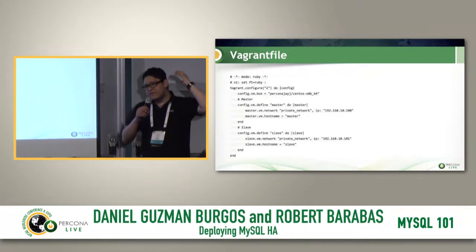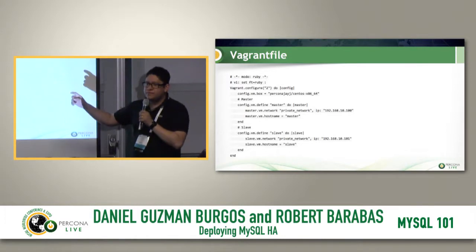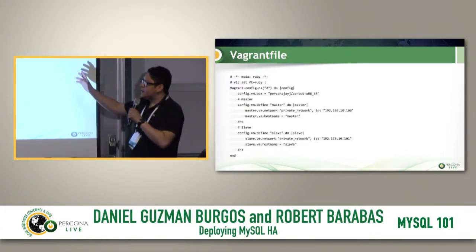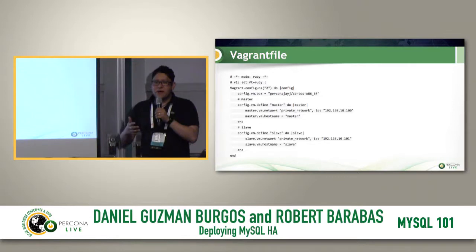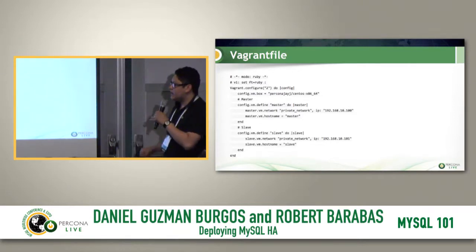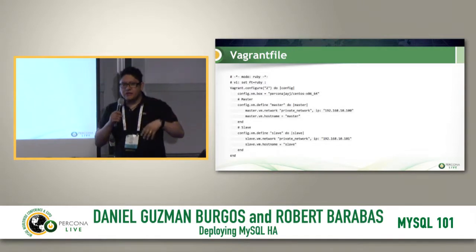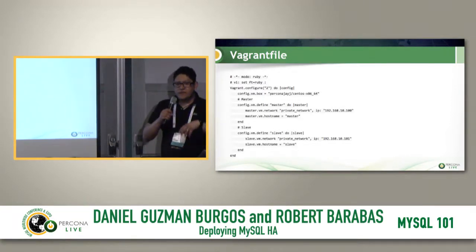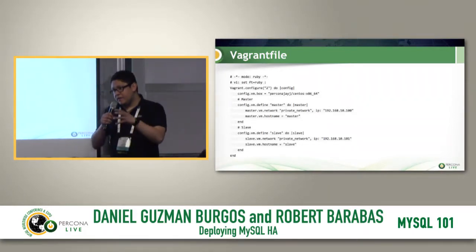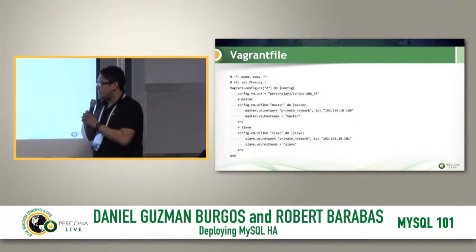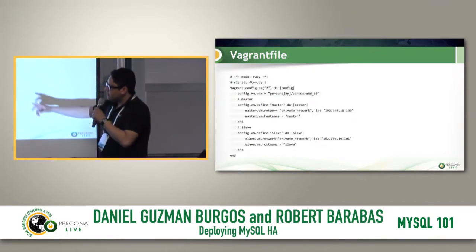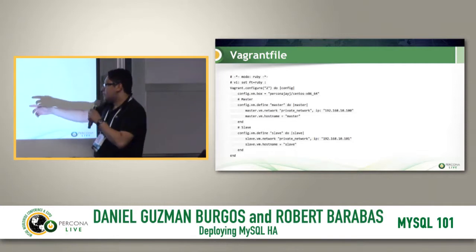You don't have to put a URL or anything else. If you're using a box that is already on Vagrant Cloud, that box is gonna be downloaded just once, and for subsequent VM runs, it's just gonna make a clone of the box.